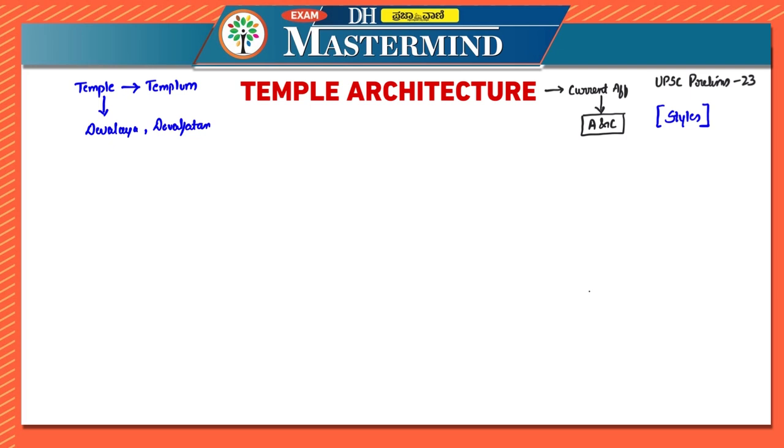If you look at temple or religious beliefs as such, from the Indus Valley itself, there were various forms in which worship was being made. At that point of time, you might have read about terracotta figures during the Indus Valley.